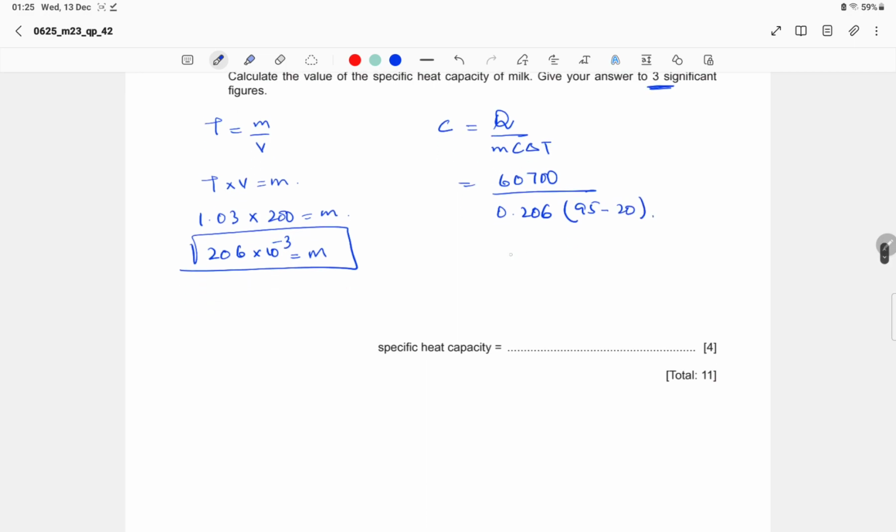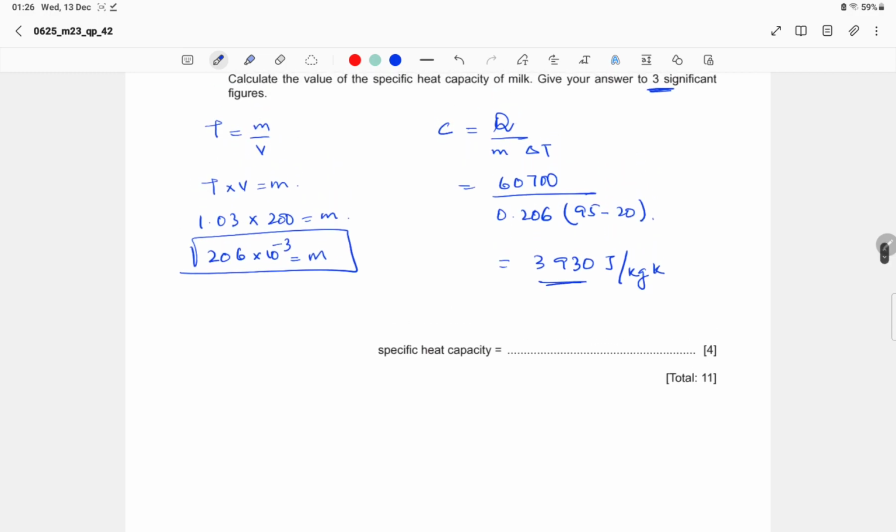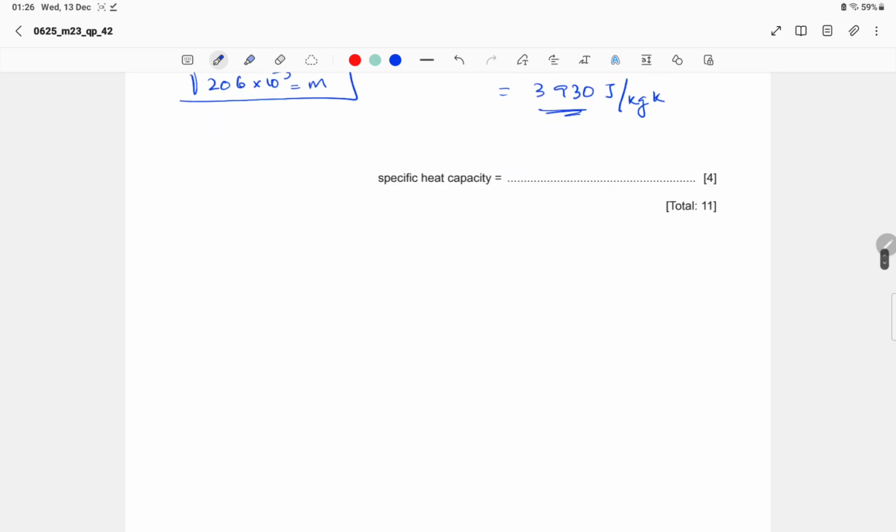So this will give you around 3930, and this is going to be joules per kg per degree Celsius. Okay, sorry, this is going to be m delta T. If you round it off to three significant figures, yes, this is three significant figures.